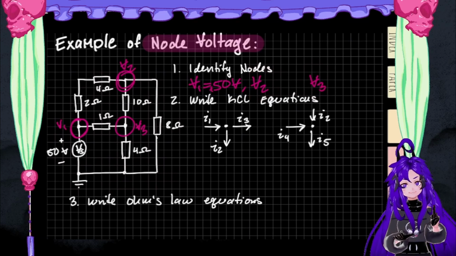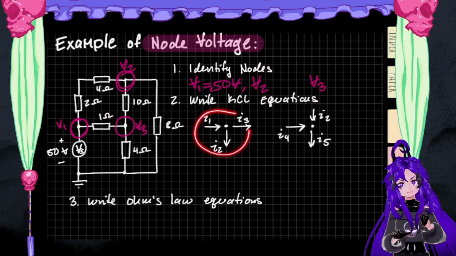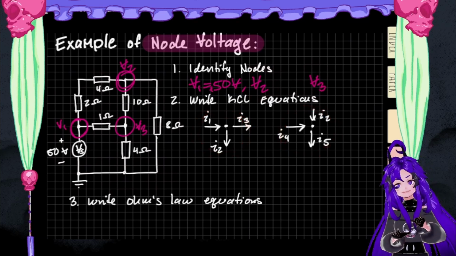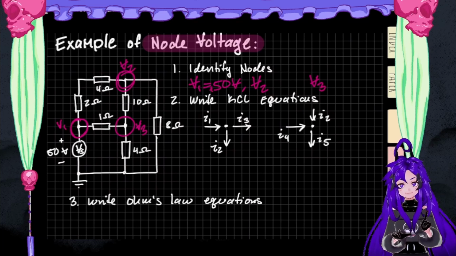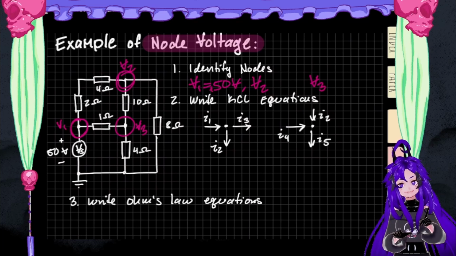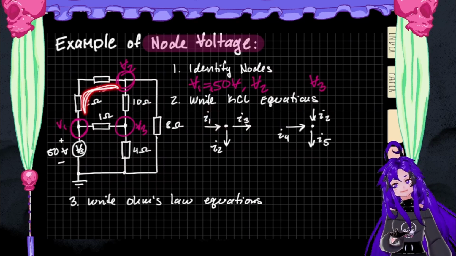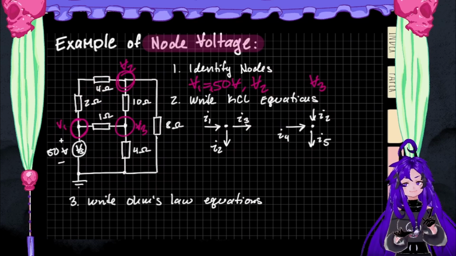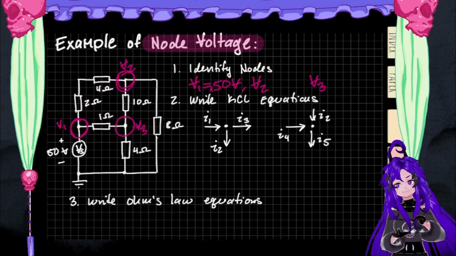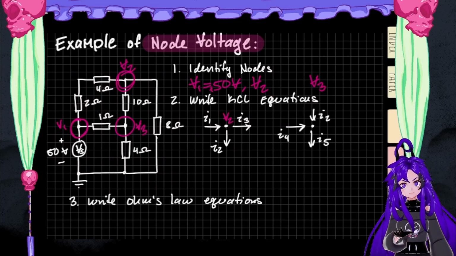And we're gonna do that by drawing our node diagrams and by writing KCL equations, Kirchhoff's current law equations. So if we've got a current coming in across the 2 ohm, 4 ohm resistor into V2. This one is V2.